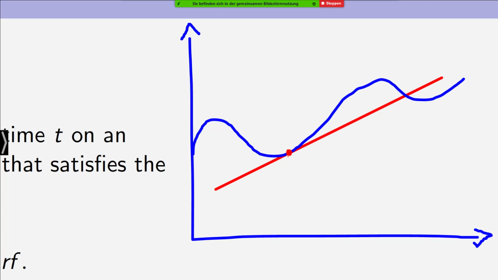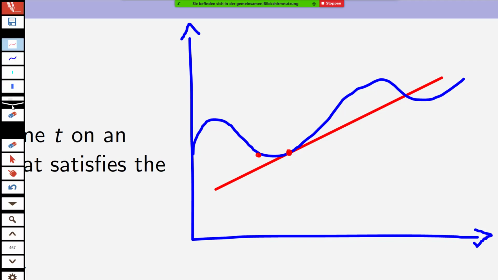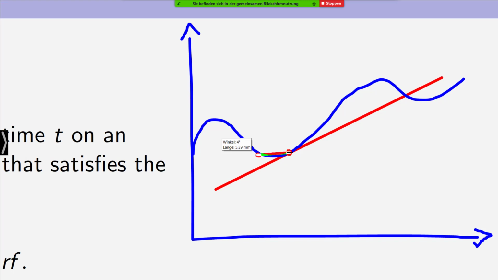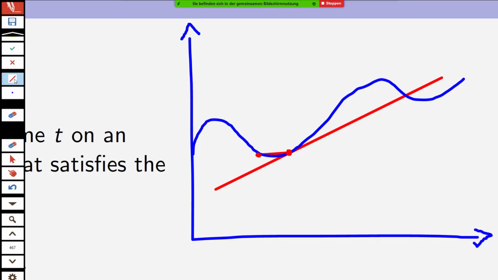So what would you do if you want to calculate this slope? Well, you could, for example, take this point and this point and connect the two and simply use the slope of this line. Not a very good approximation.